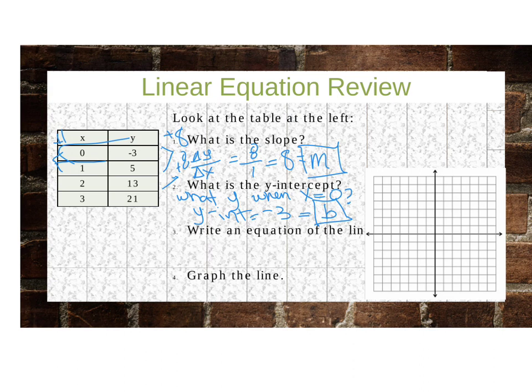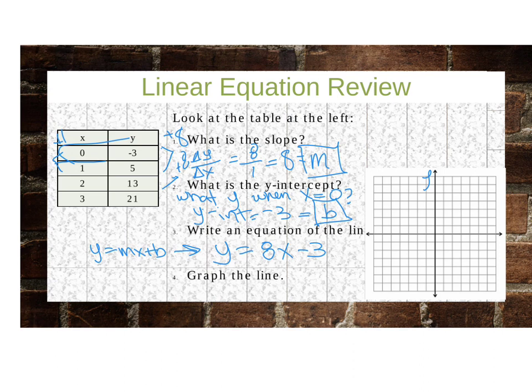Well, to write the equation of the line, we have to remember that y equals mx plus b. We insert 8 for m, and we insert -3 for b, and what we end up with is y equals 8x minus 3. If we graph that line, we have to remember to start at b on the y-axis.